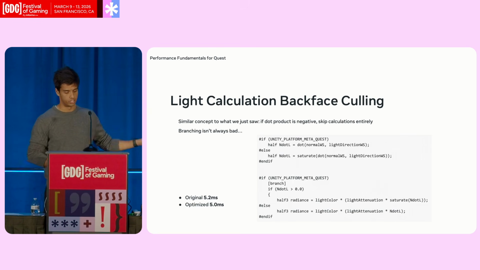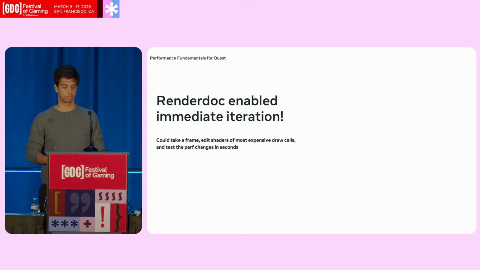What you're going to see there is we're taking a pretty similar dot product, like second line in that, between the surface normal and the light direction. And if that dot product is negative, we can also skip a bunch of normal lighting calculation work. So not just shadow map samples, but general lighting work in the forward pass. In this case, it was also a pretty substantial optimization: 200 microseconds, 0.2 milliseconds.